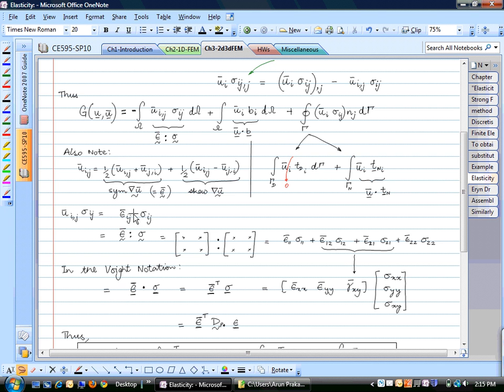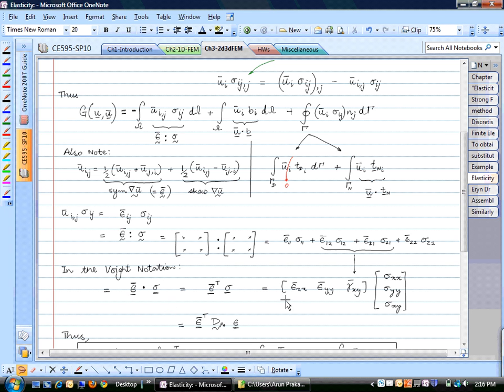And now to proceed further, what we actually need to do is start to use the Voigt notation, which is an abuse of notation, but we are going to write this quantity in terms of strain and stress vectors. Those are not vectors, but we are going to rearrange our terms in such a way that we can express them as a dot product of two vectors.